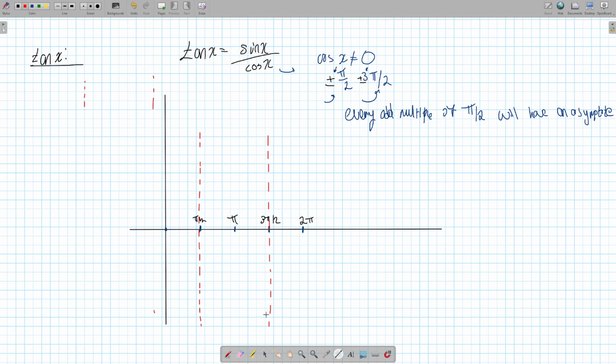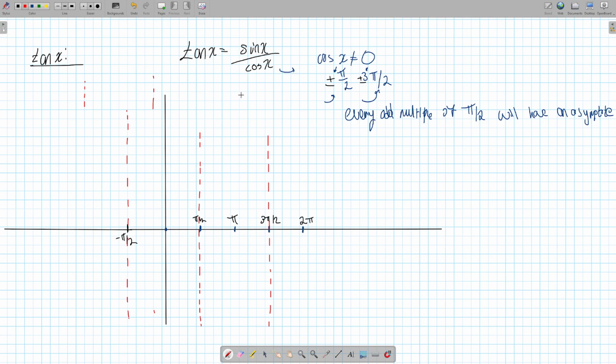Let me continue the line over here, because I want to go to the negatives as well. I'm going to put over here 1, 2, 3, 4. Over here is negative pi over 2. So we said every odd multiple of pi over 2 will have an asymptote, so we're going to have an asymptote over here. You're going to see that this graph is closing off different spaces, as you can see. Okay, so this is how your graph is going to look. I'm going to show you now.